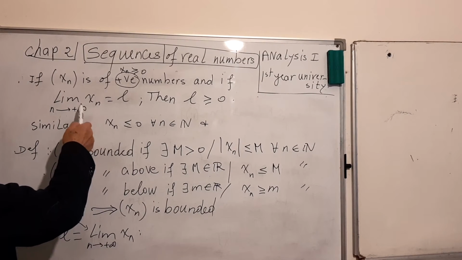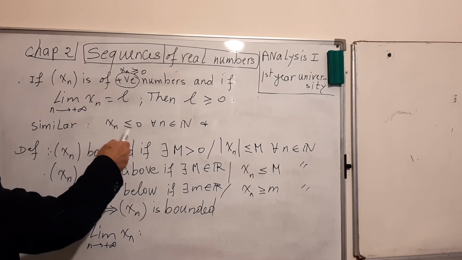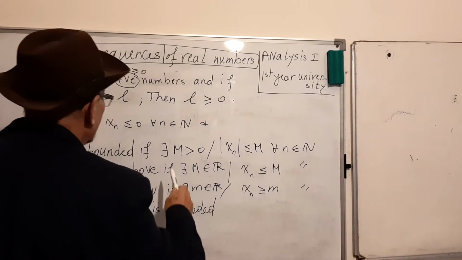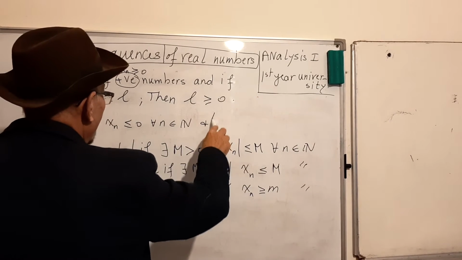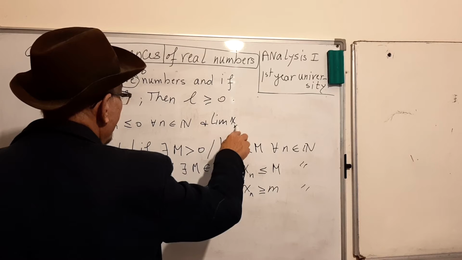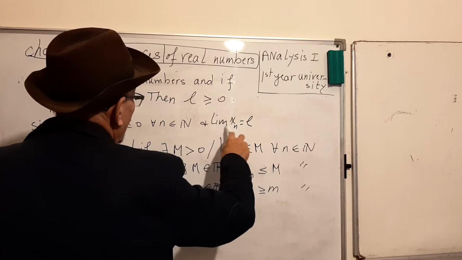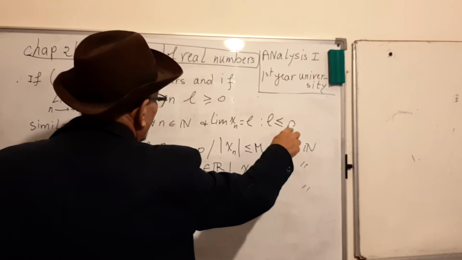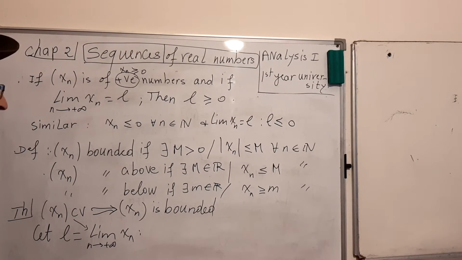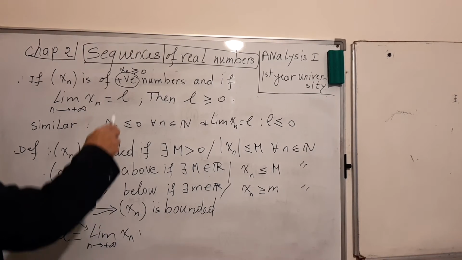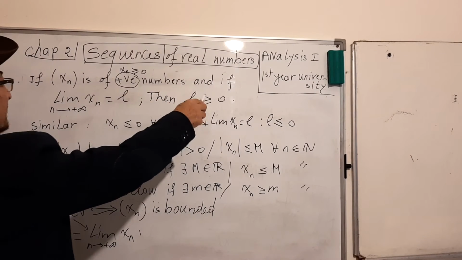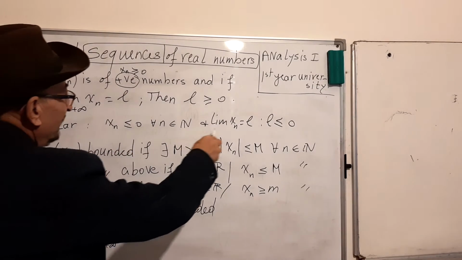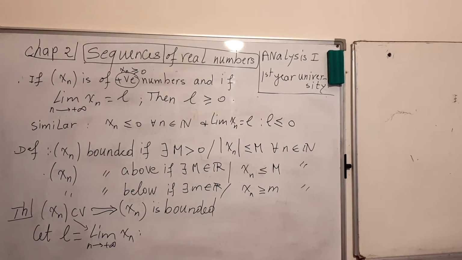Similarly, if xn less than or equal to 0 for every n belongs to N, and limit equal L as n tends to plus infinity, then L is less than or equal to 0. If the terms are positive, the limit is positive, and if the terms are negative, the limit is negative.